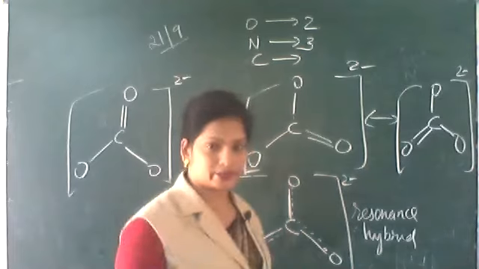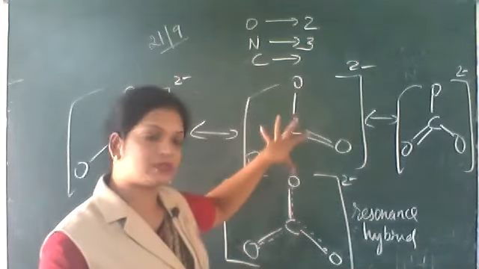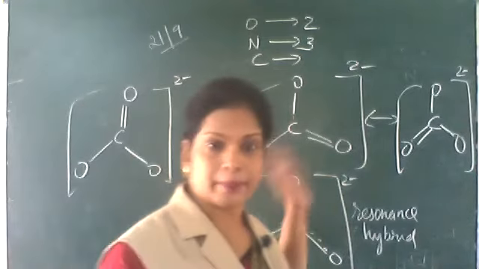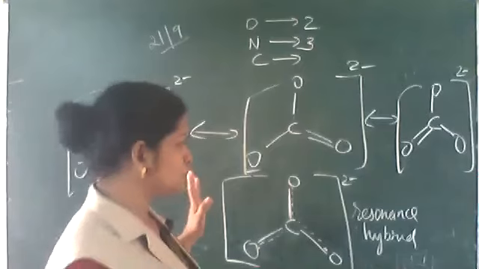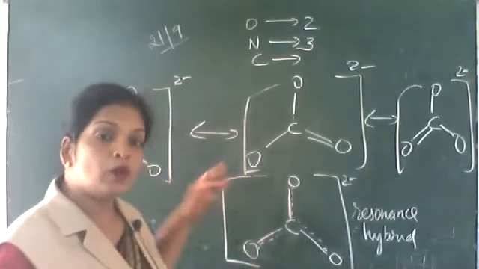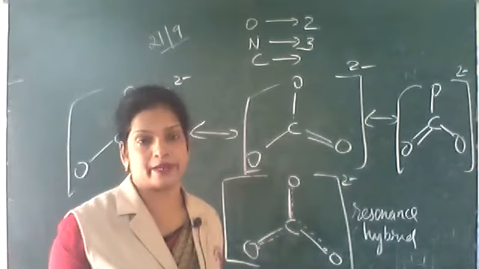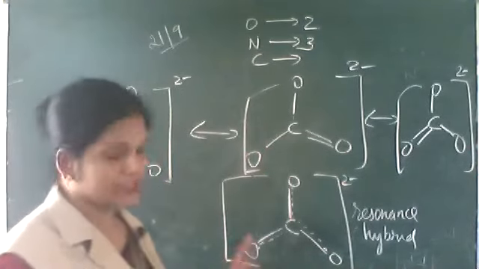Energy difference between the lowest energy canonical form, that is the most stable state among them, and the resonance hybrid. Lowest energy means most stable state. That energy difference is called resonance energy.